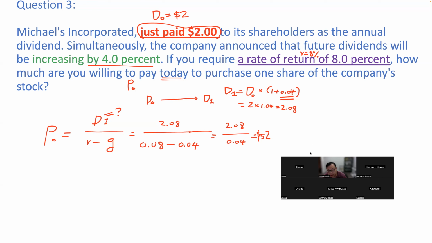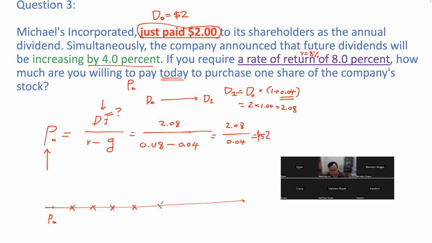Just to be careful, in the formula, you are calculating P0, you are going with D1. The reason for that is, if you remember, when we are dealing with an ordinary annuity, the payment is always at the end of the period.